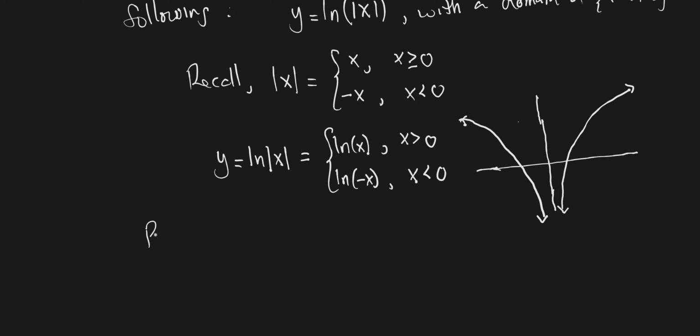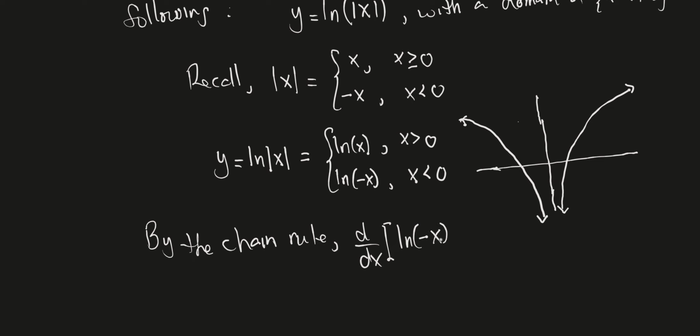So by the chain rule, because now we have a composite, because we don't have an x inside the parentheses. What we have is a negative x. So by the chain rule, the derivative of the natural log of negative x, right? Well, look at what the chain rule says. The chain rule says take the derivative of the outer function, which we now know is 1 over.